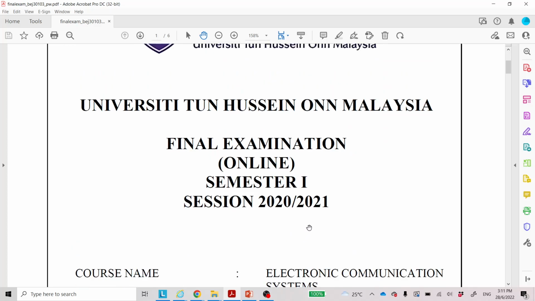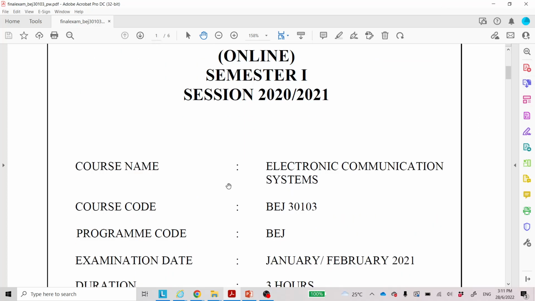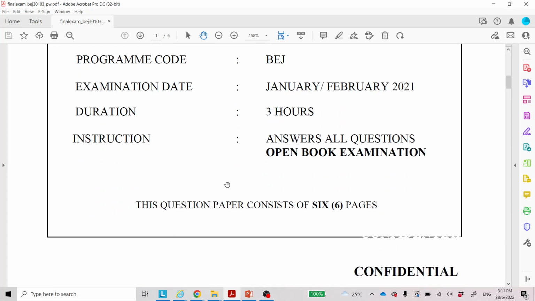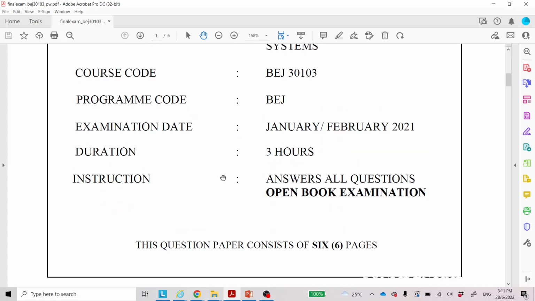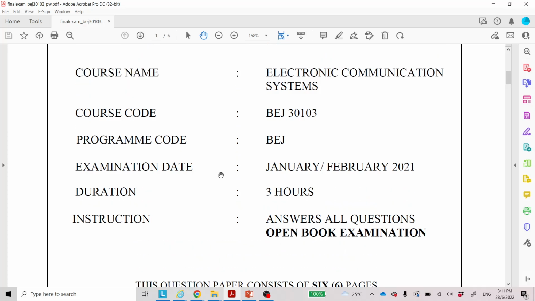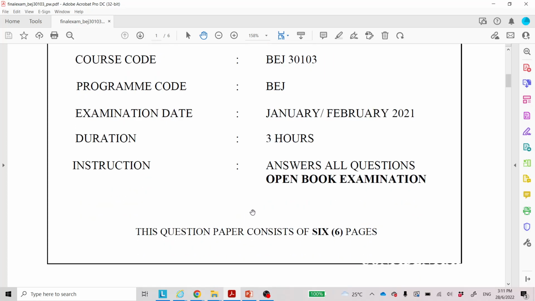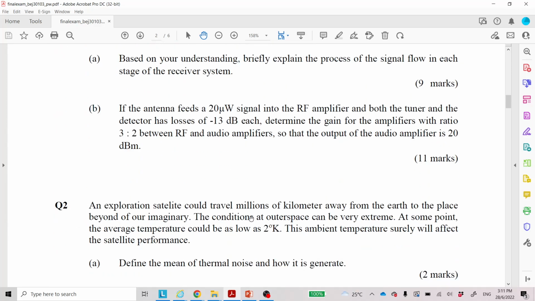Again, this is not this semester. I hope that I'm not opening this semester's question, that would be a big problem. Kalau saya terbuka soalan semester ini akan jadi big problem. At that time it was an online exam, so that's why it's open book.